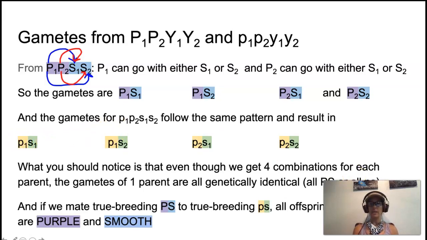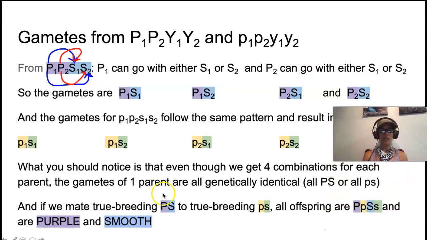So if we mate a true breeding purple smooth to a true breeding yellow wrinkled, no matter which one of these gametes fuses with which one of these gametes, we're going to get a big P and a little p. We're going to get a big S and a little s.